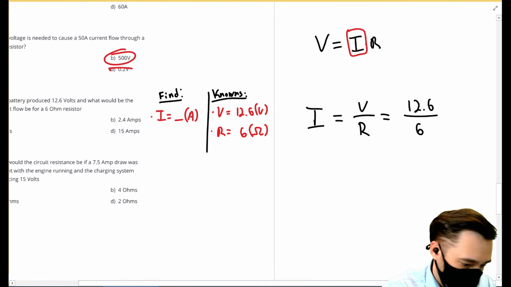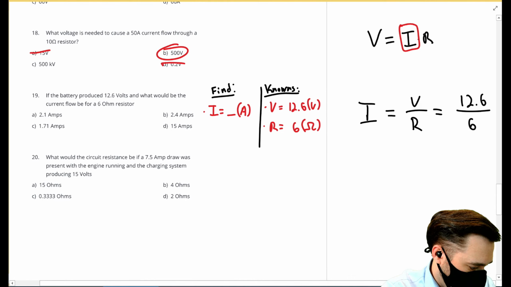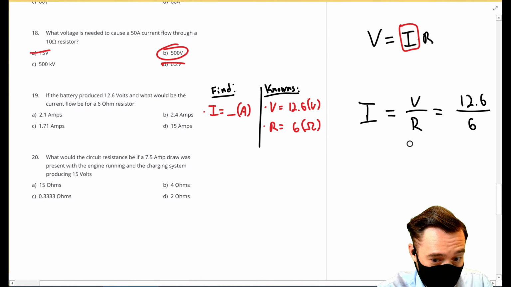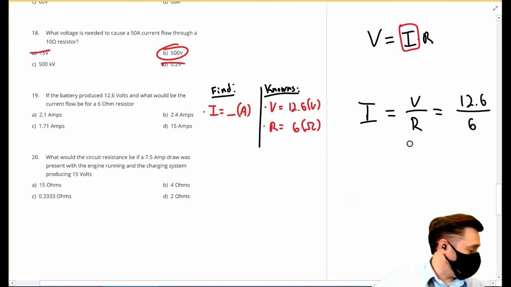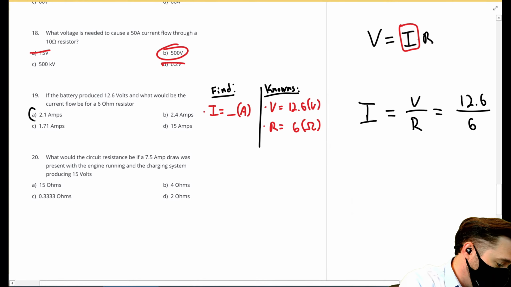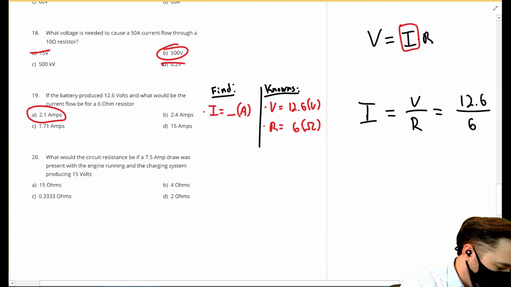That should be 2 point something. Is it 2.1 or 2.4? Calculator on me. 2.1. All right, so 2.1 amps.